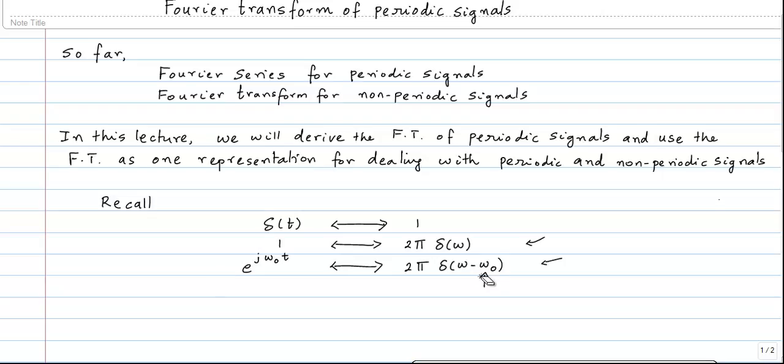Or we can directly start with this expression and plug it into the inverse Fourier transform formula, and then use the shifting property of the delta function to see that you end up with the inverse Fourier transform, which is e to the j omega naught t. Now, if this is not obvious to you, I would suggest that you stop the video here and try the second approach that I just mentioned and convince yourself that these two form a Fourier transform pair.